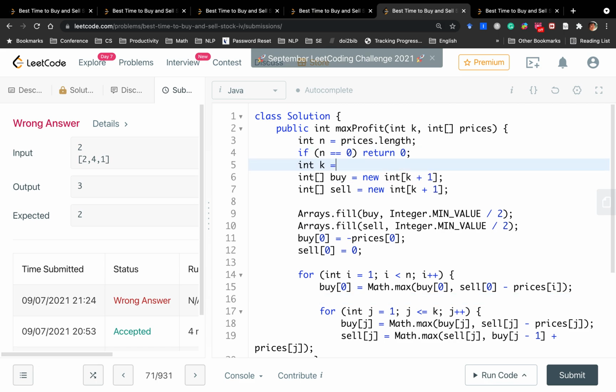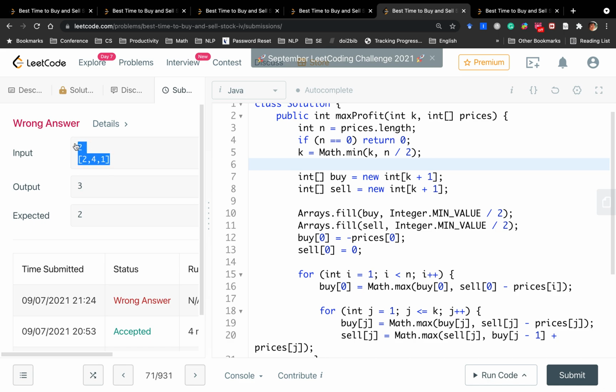We did not update the k. Oh, I think it should not be the problem. The k should at most be minimum of k or n over 2.